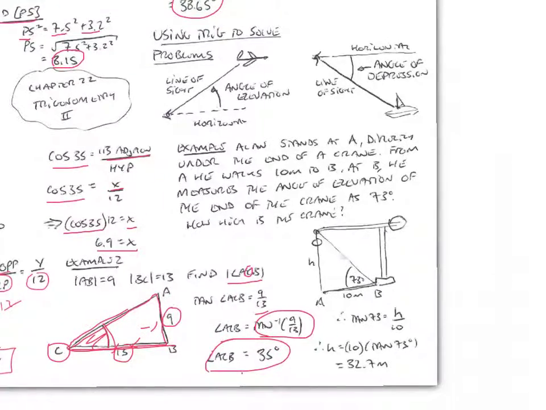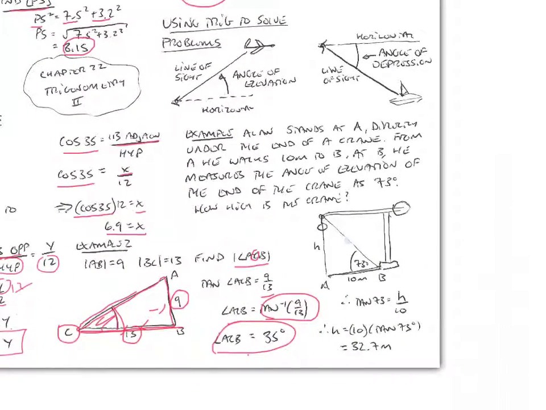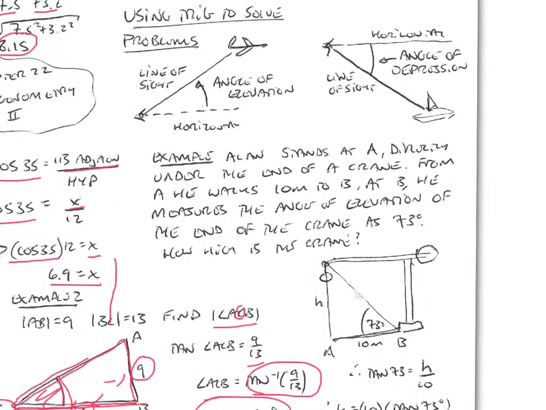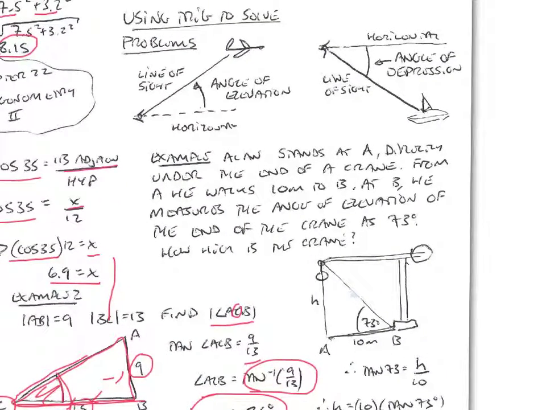Now, using trigonometry and the ratios associated with it to solve real life problems. So let's just have a look at this first of all. We'll just mention the angle of elevation and the angle of depression.